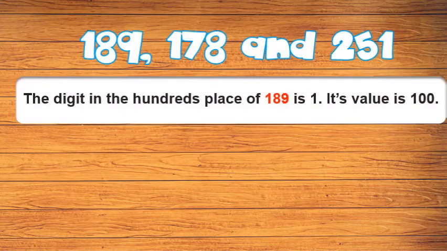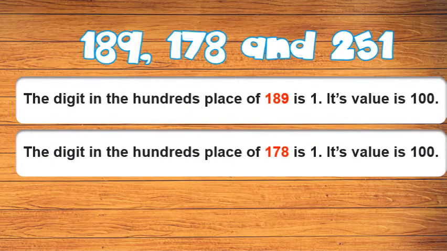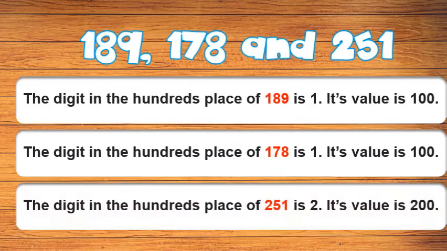The digit in the hundreds place of 189 is 1. Its value is 100. The digit in the hundreds place of 178 is 1. Its value is 100. While the digit in the hundreds place of 251 is 2.